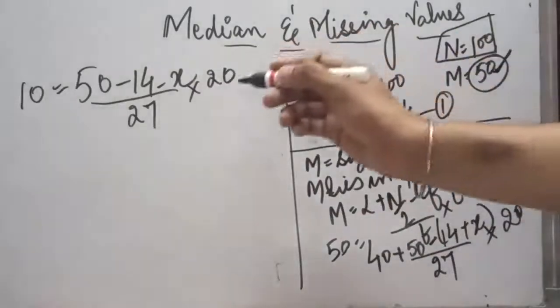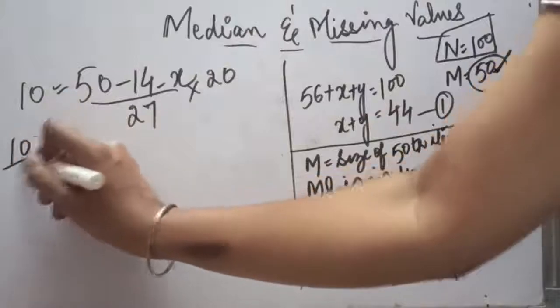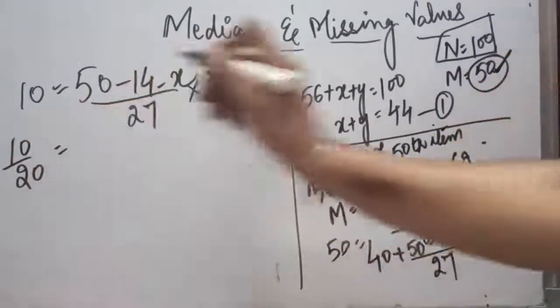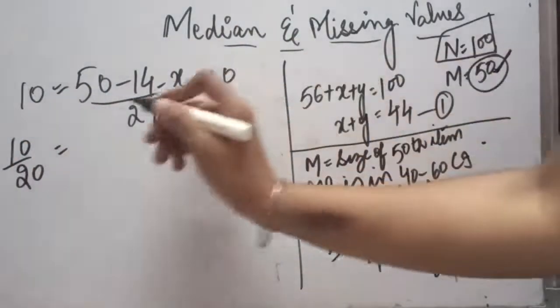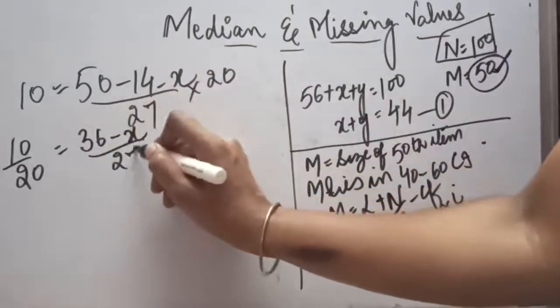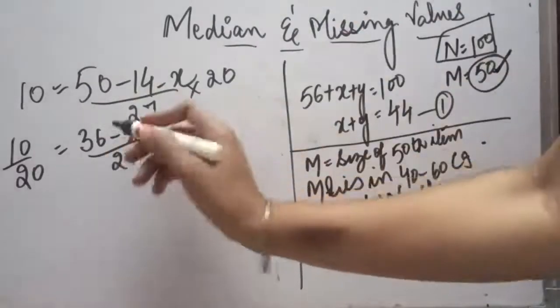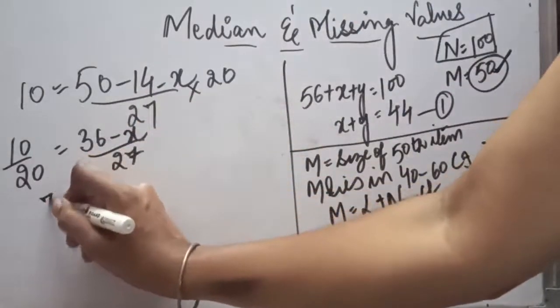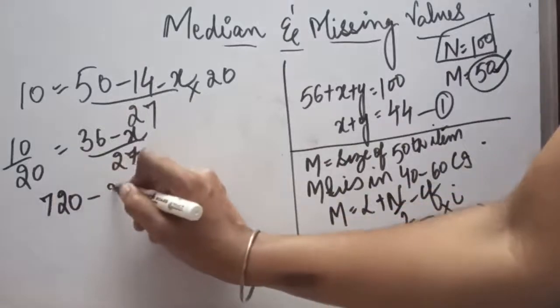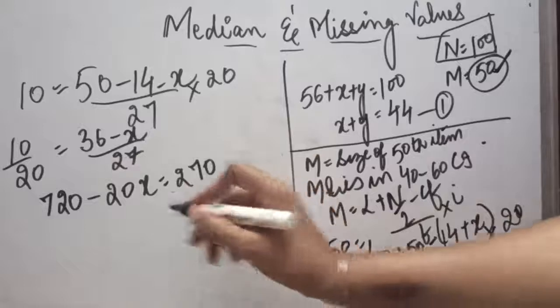So let us take this 20 to the other side. It will be 10 by 20 is equal to 50 minus 14, that is 36, minus x, divided by 27. Now we can cross multiply. So it will be 720 minus 20x is equal to 270.